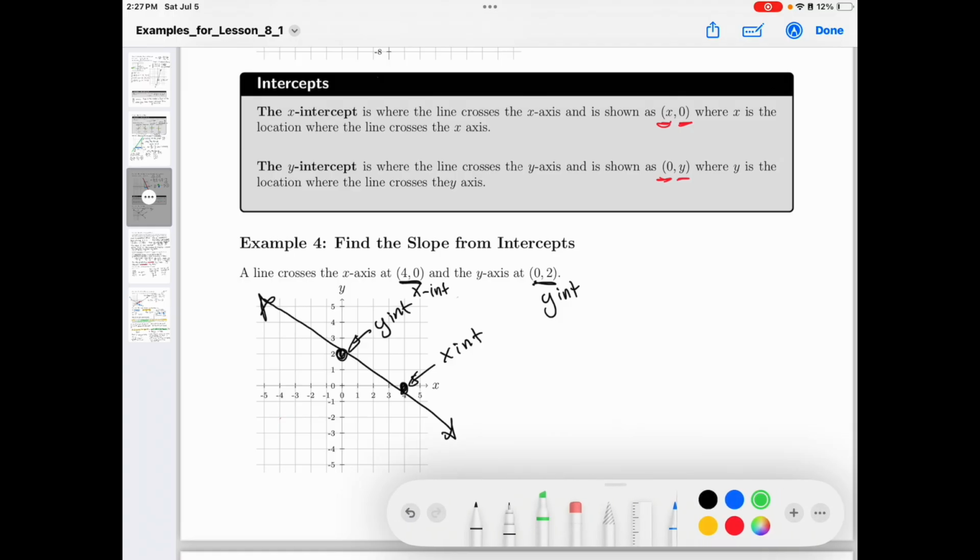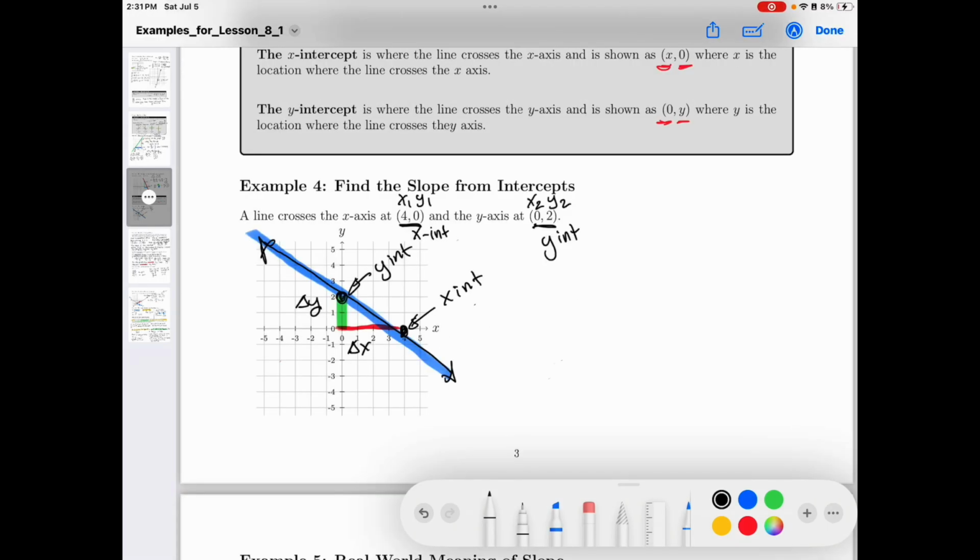So now to find the slope, here's my vertical change, which is my change in y. Here's my horizontal change, which is my change in x. Now to find my change in y over my change in x to find the slope, my change in y goes from 0 to 2.